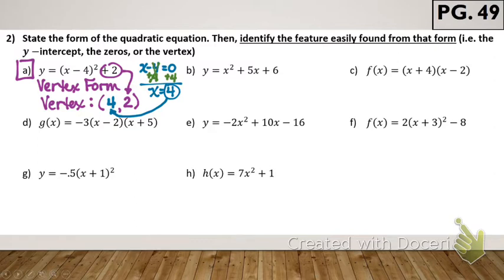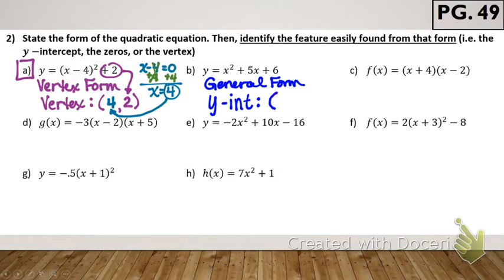What form is B written in? General form. What can I identify from general form? The y-intercept. The y-intercept always starts with what number? 0.